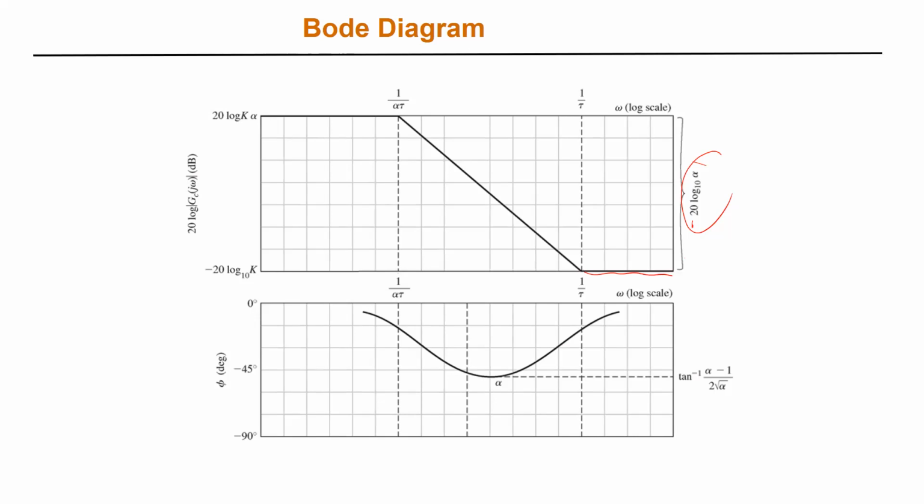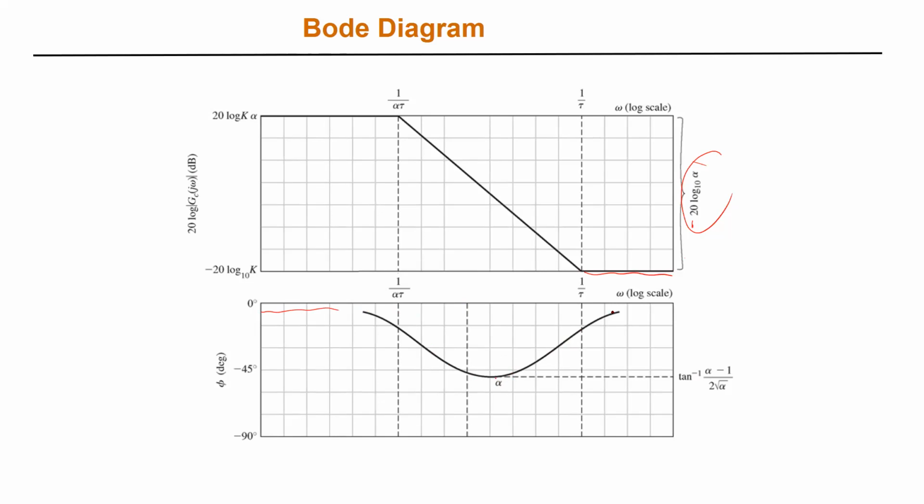Okay. At the same time, the phase also is negative. But look at the behavior of the phase. At the lower frequencies, what's the angle? It is almost 0. Then it will increase, and this is the maximum, and we find the maximum.